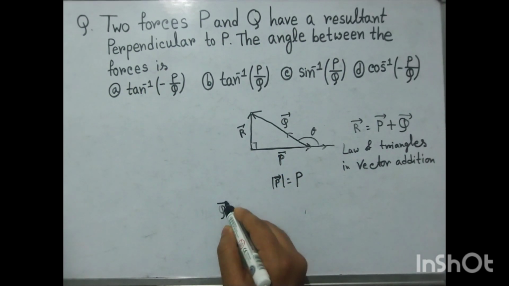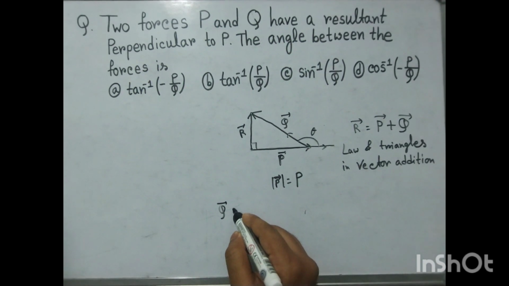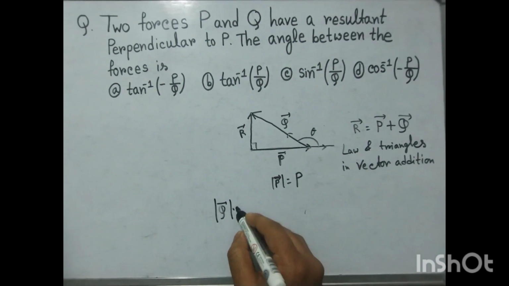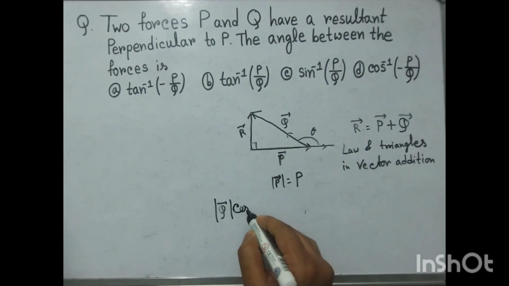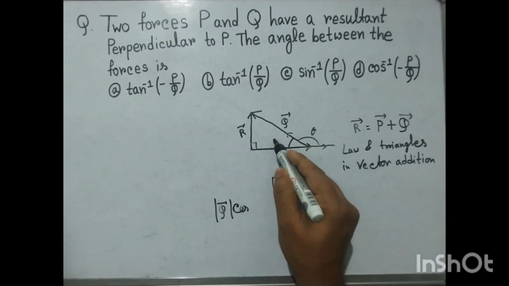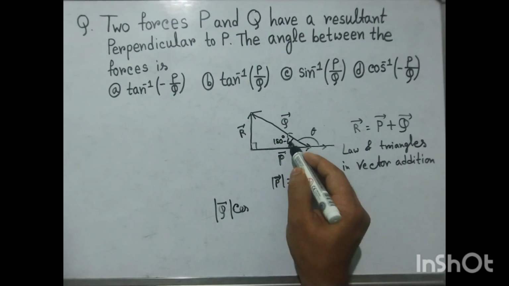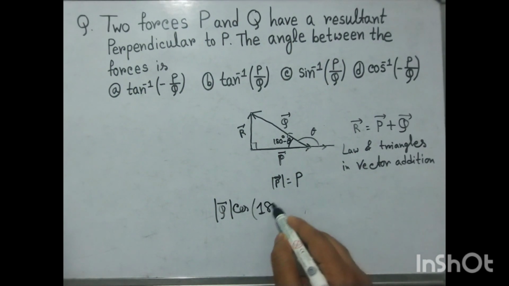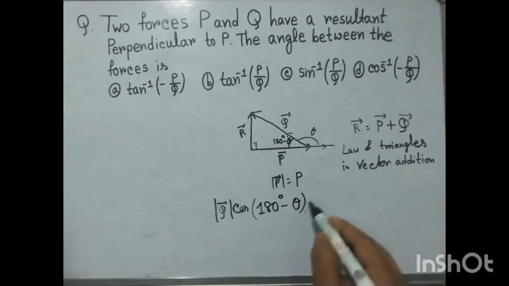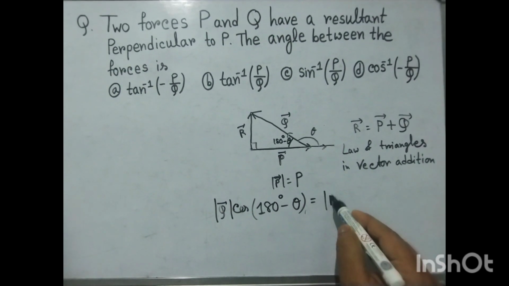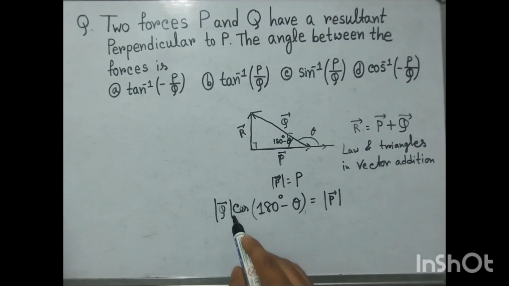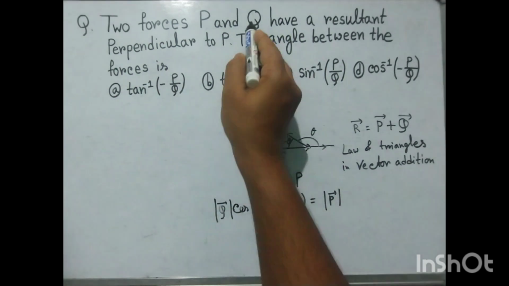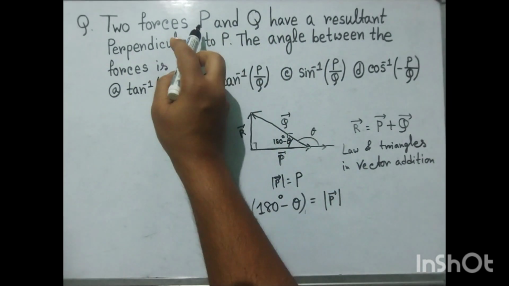So q vector, magnitude of q vector into cos, if this is theta, this is 180 degree minus theta. So cos 180 degree minus theta must be equal to magnitude of p vector.